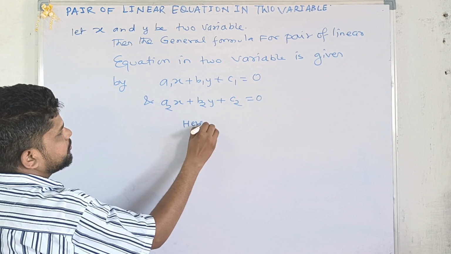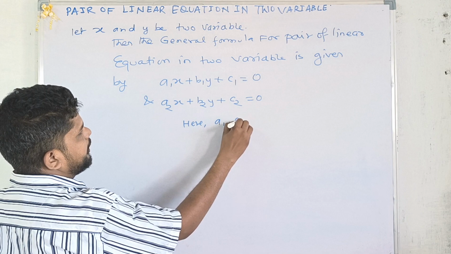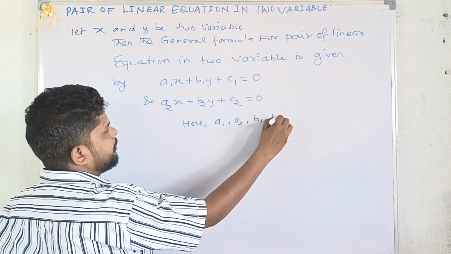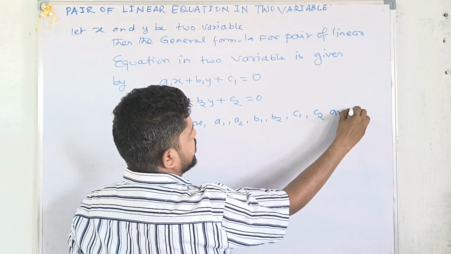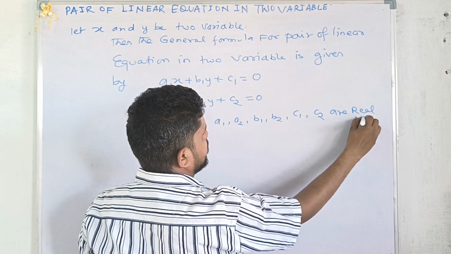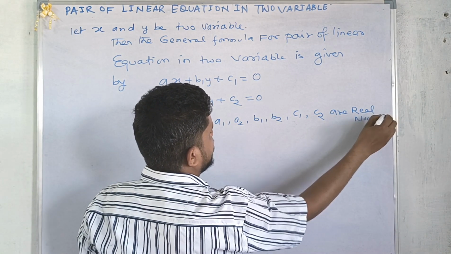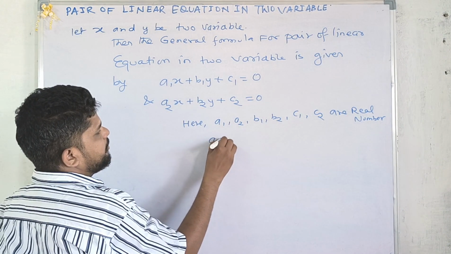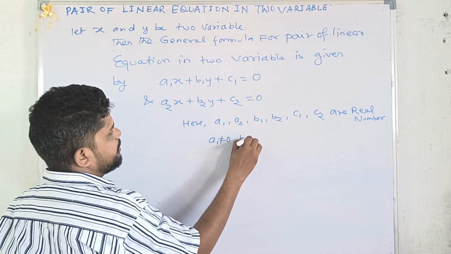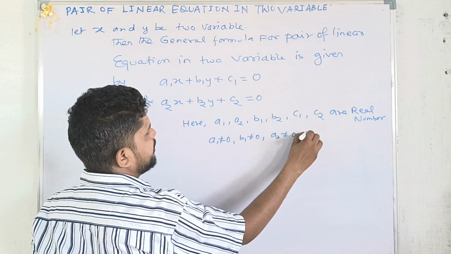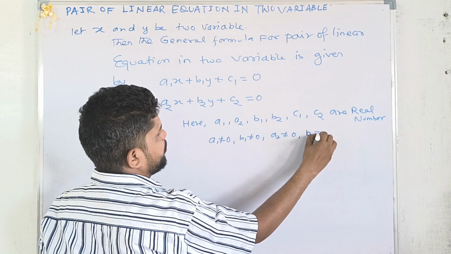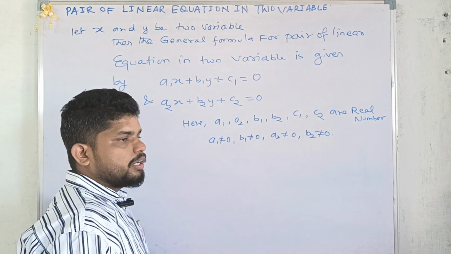Here a1, a2, b1, b2, c1, c2 are real numbers, and a1 should not be equal to 0, b1 should not be equal to 0, a2 should not be equal to 0, and b2 should not be equal to 0.